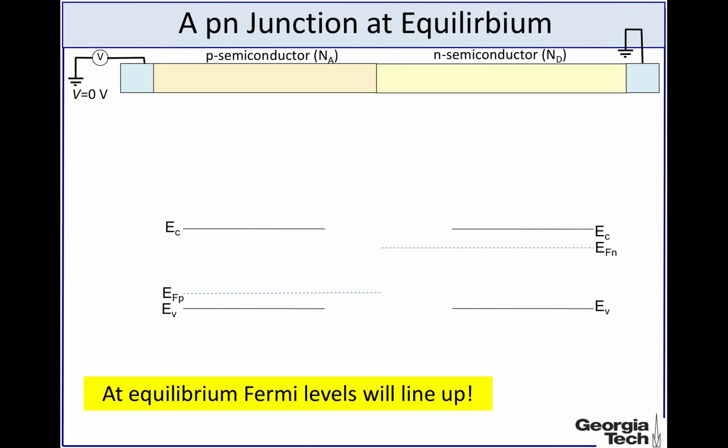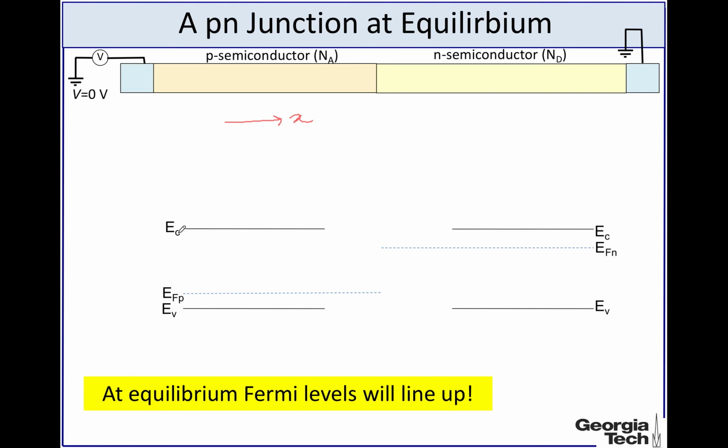Now what we want to look at is how the band diagram of the PN junction looks as a function of position. We want to plot how the positions of EC, EV and the Fermi level look as you go from the p-type semiconductor towards the n-type semiconductor region.